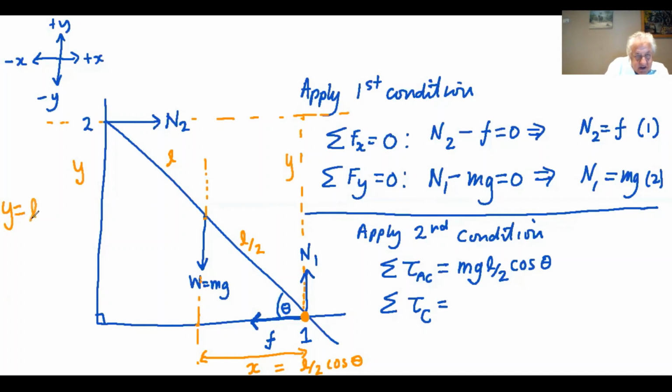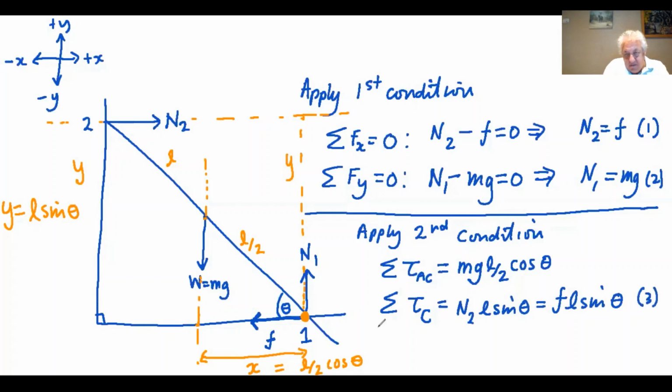So this is L sine theta. So my torque here becomes this distance multiplied by this force. So this becomes N2 L sine theta. But N2 is equal to F, so F L sine theta. This is my equation 3.